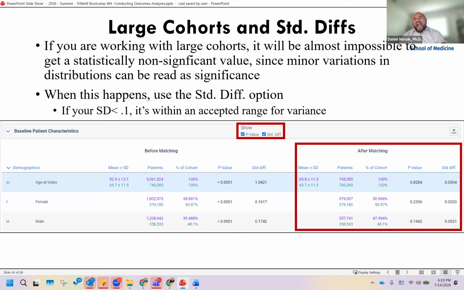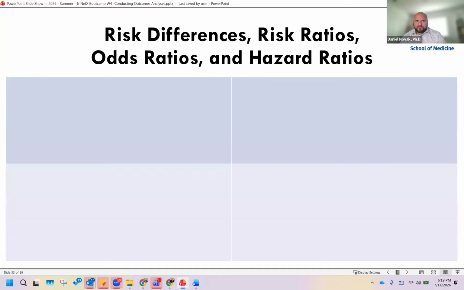So when that happens, check your standard difference to make sure that it is below 0.1. And if it's below 0.1, even if the p-value is still statistically significant after propensity score matching, you can be assured that your model has probably matched properly, and you can report those standard differences in your study. You'll see that right there.